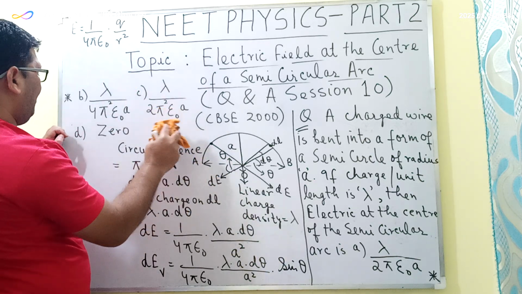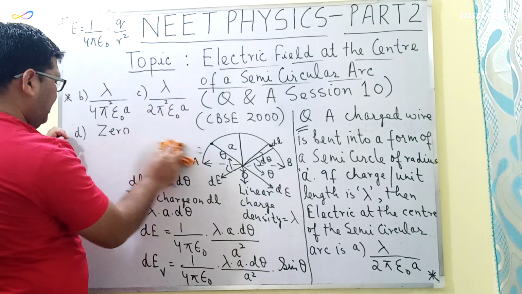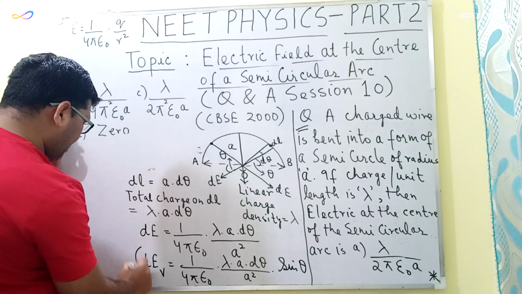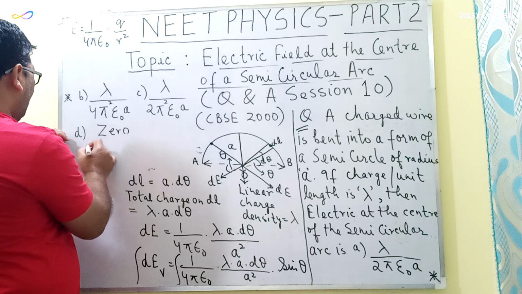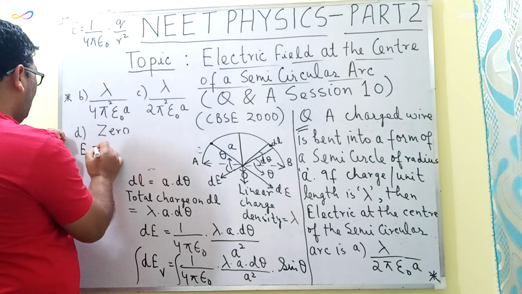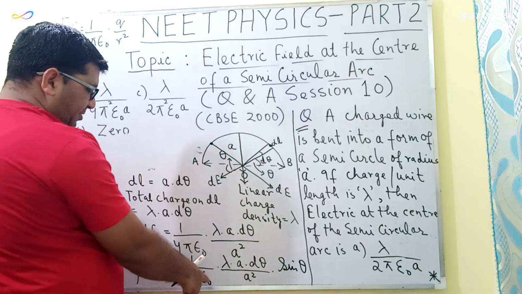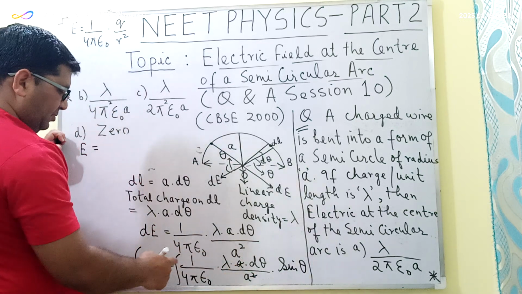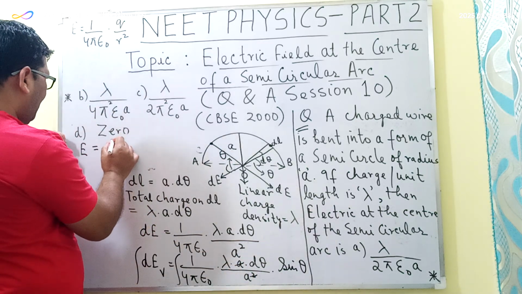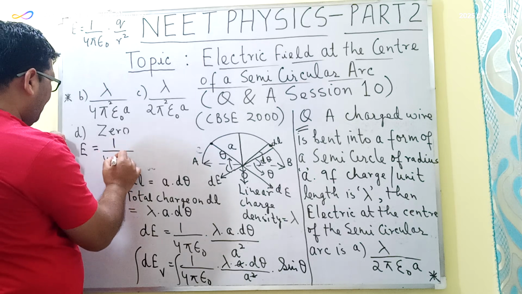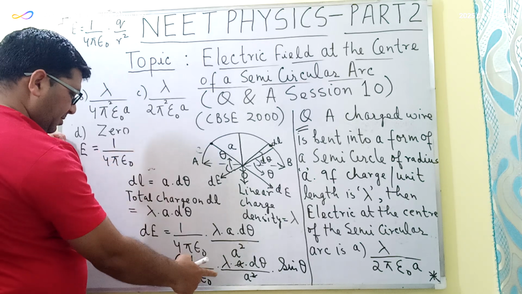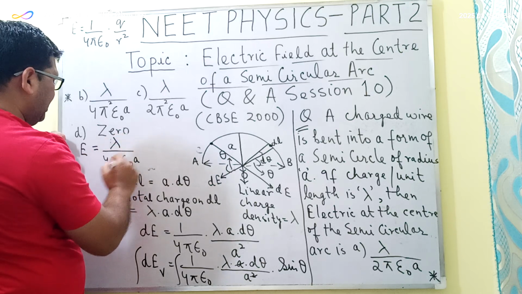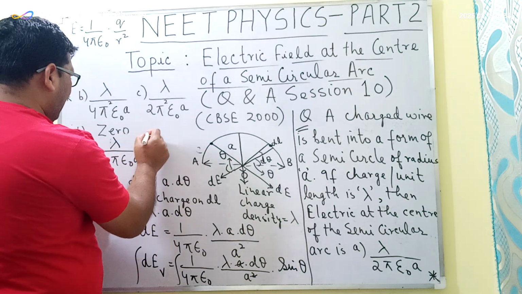Now the total electrical field at the point O will be equal to, 1 by 4 pi epsilon naught is a constant, and lambda is also a constant, and A is also a constant, so lambda and A can be taken out, and I will be integrating.